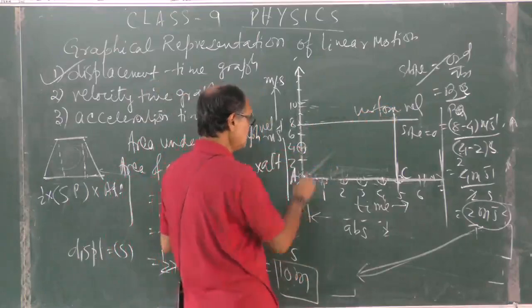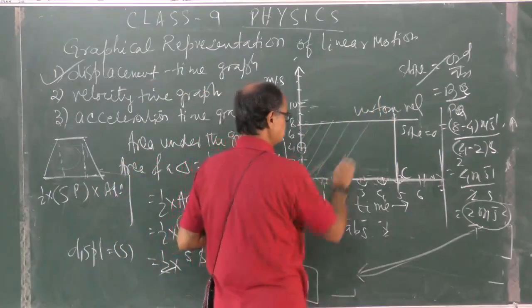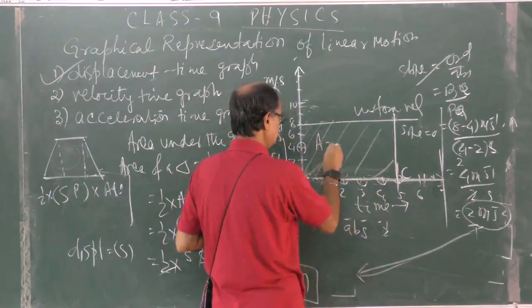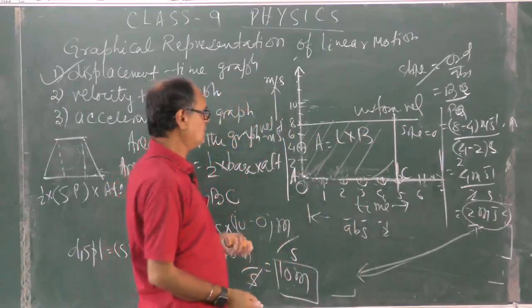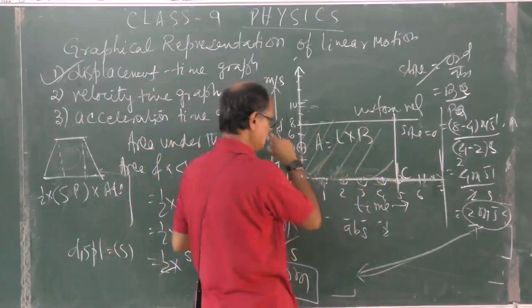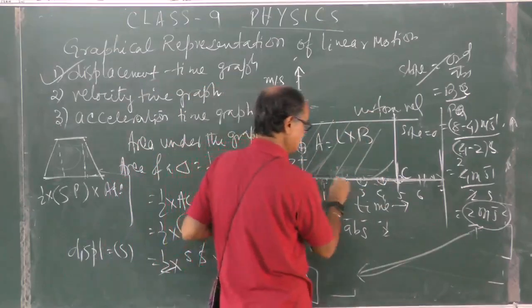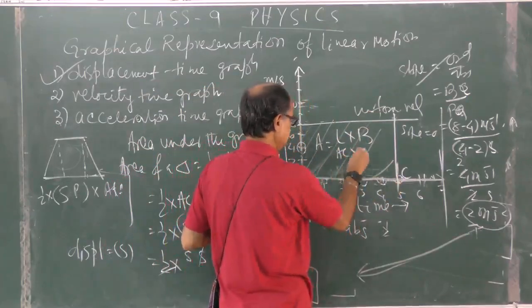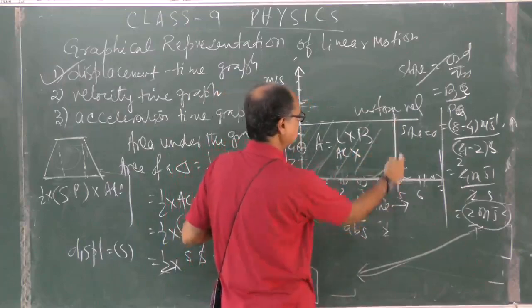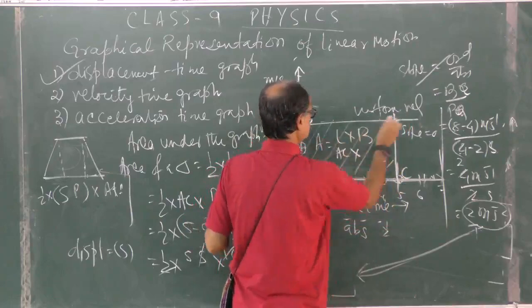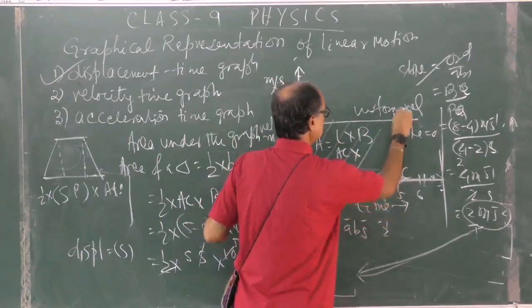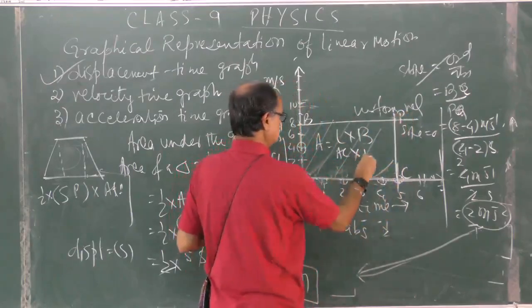Then, if we find the area of this space, what will be the area? That is length into breadth. Ordinary general formula for a diagram, length into breadth. Length you take AC multiplied with the breadth you take here, say PC.